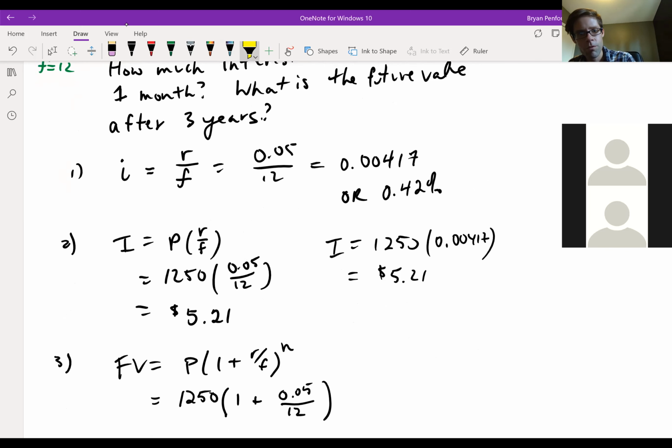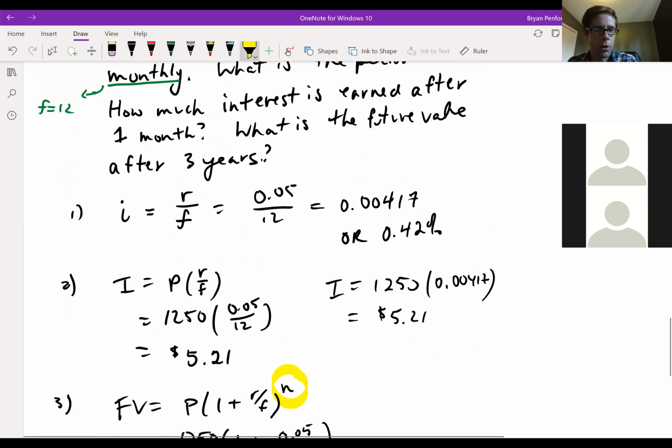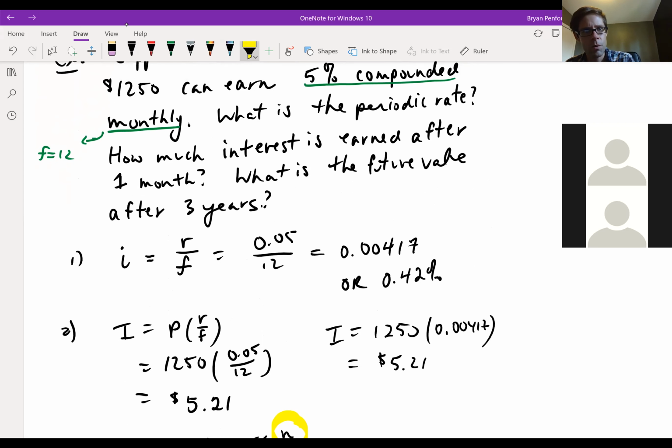I think for the most part, this is where students get a little mixed up. What do I use for N? And how do I get that into the calculator? So we need to figure out the future value in 3 years' time. How many times are we going to actually earn interest over the course of 3 years if I earn interest every month?